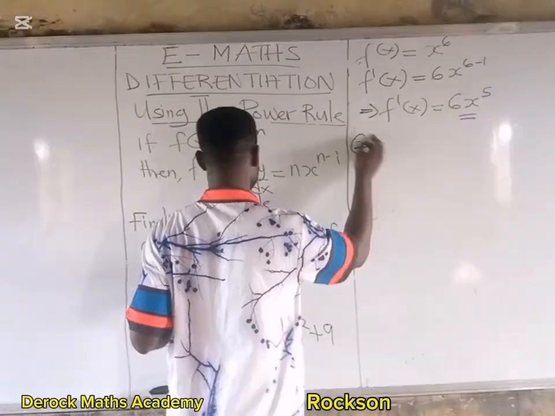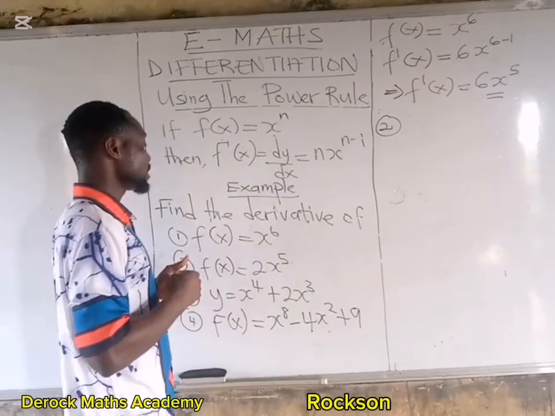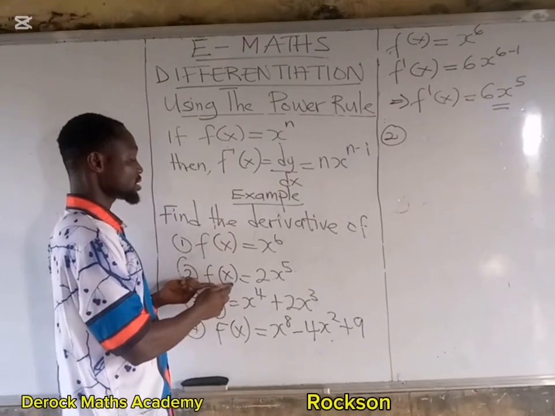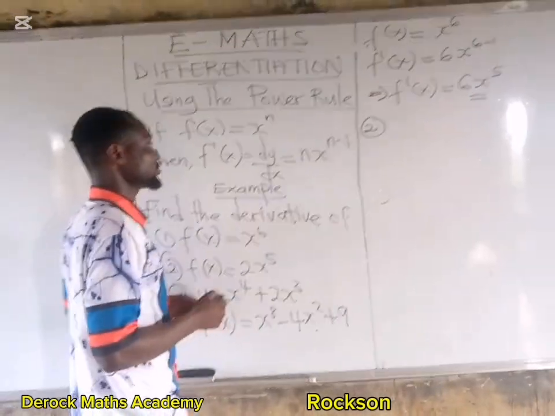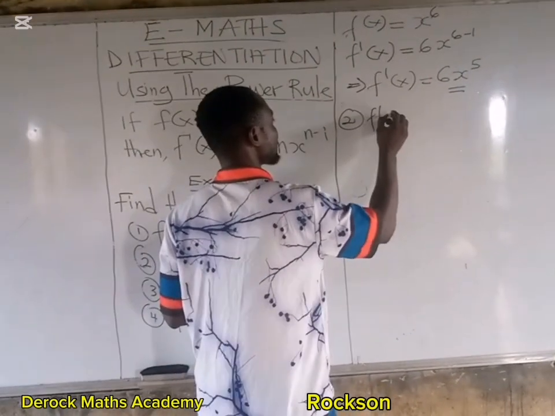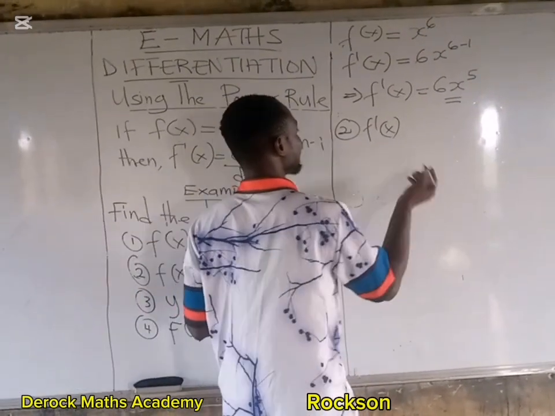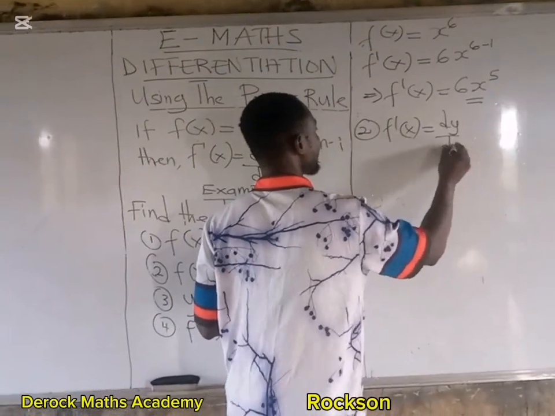Example 2. Find the derivative of the function f of s equal to 2s to the power 5. So f prime of x, that is the derivative, can also be equal to dy over ds.